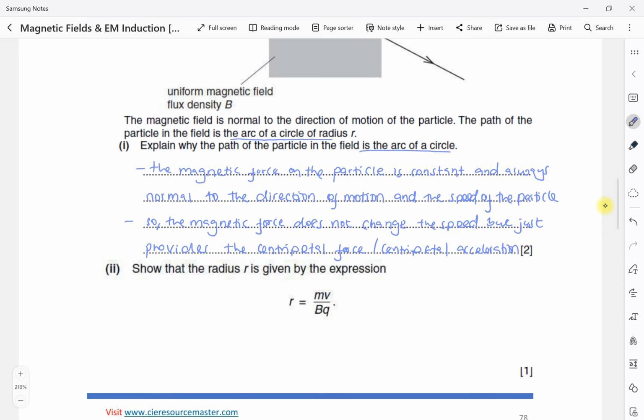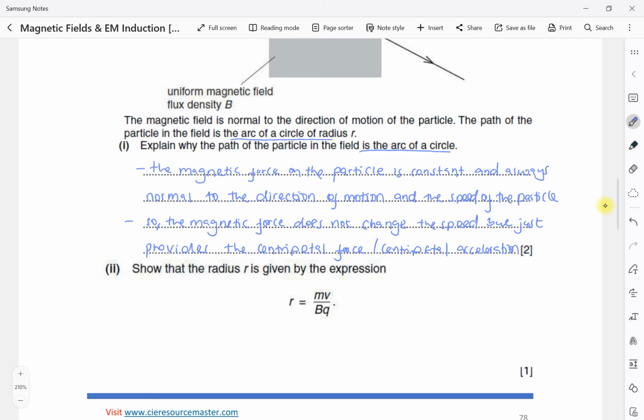Okay, so it means the particle is going to move in an arc of a circle, because for centripetal acceleration, the acceleration is always perpendicular to the velocity, so the force acts towards the center of the circular path.